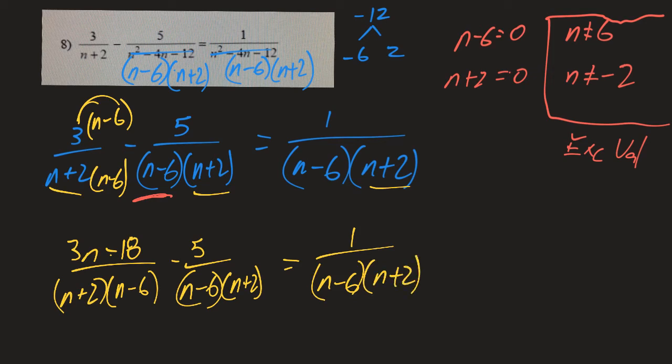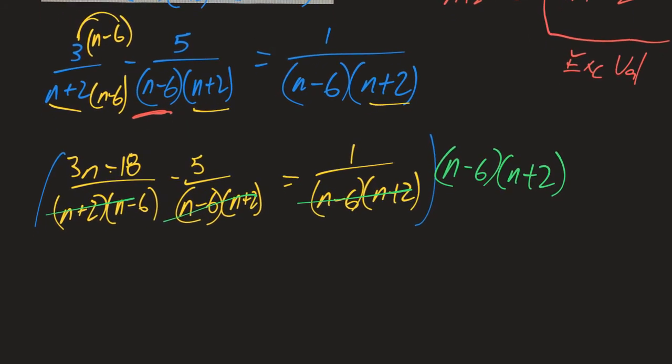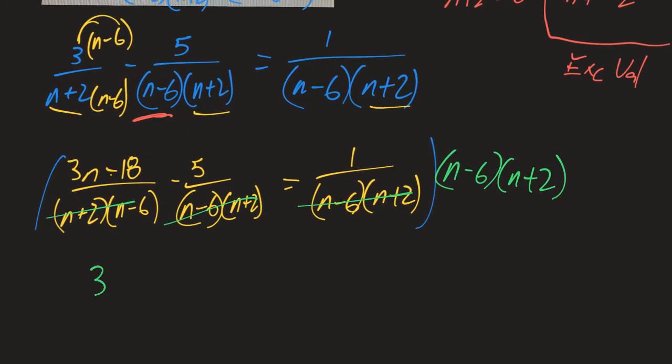All right, awesome. Let's multiply these denominators away, get rid of our fraction, and then we'll be good to go. So these are going to cancel out all three of these, and then we're going to be left with this equation. We've got 3n minus 18 minus 5 equals 1.